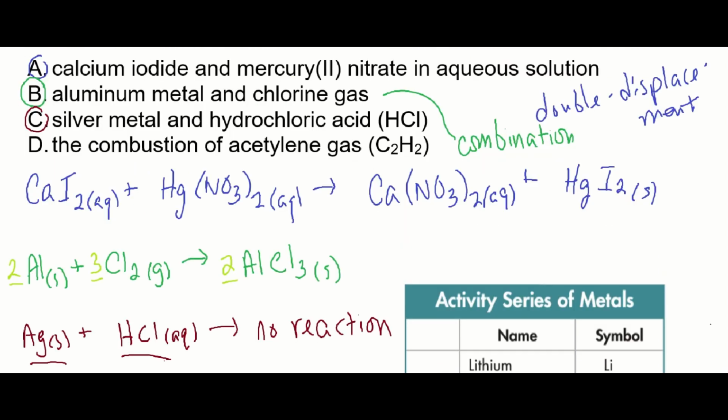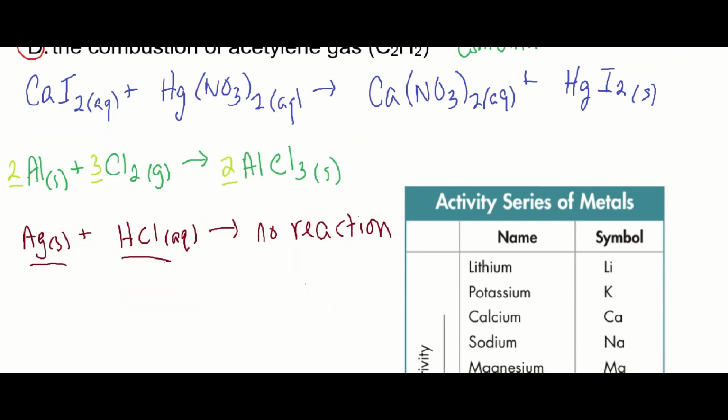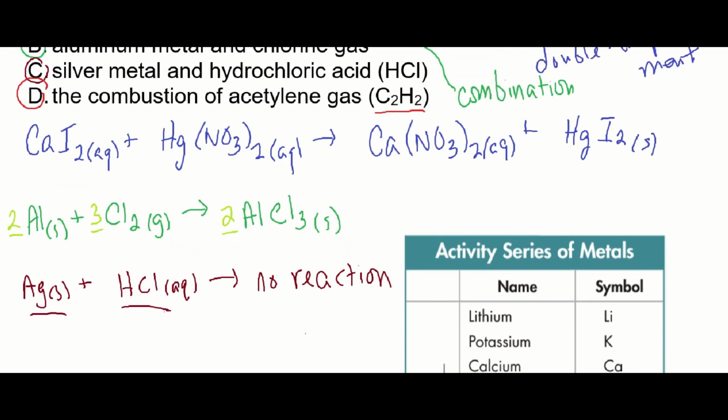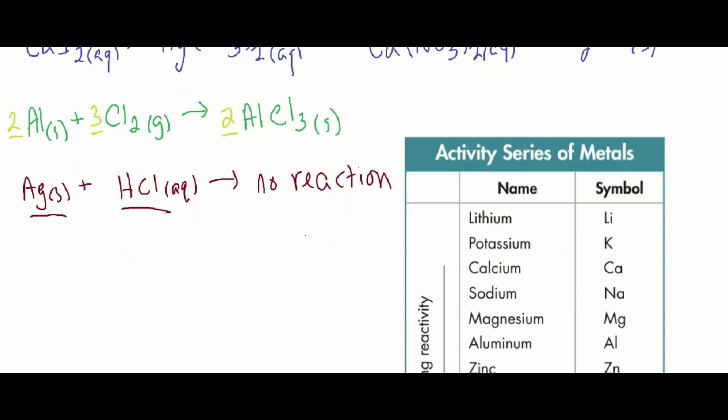All right, finally, we have D. We have the combustion of acetylene gas. It doesn't specify, but we're going to assume this is a complete combustion. So we're given the formula here, acetylene gas is C2H2. And in a combustion reaction, we need oxygen in the reactants.